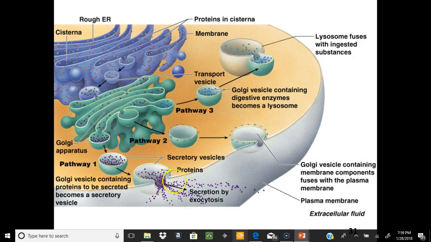That vesicle will attach to the plasma membrane and excrete the proteins out. Or the vesicle that is produced from the blebbing off of the Golgi will attach to the plasma membrane and become part of that plasma membrane, and the proteins will stay right there. Or we might just bleb that vesicle off, and now we have a new cell organelle like a lysosome.